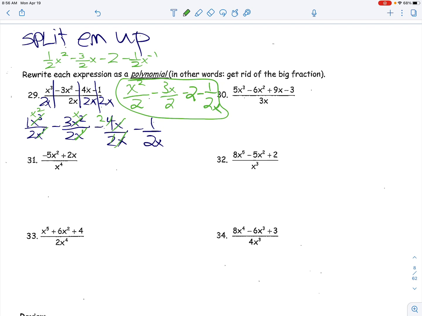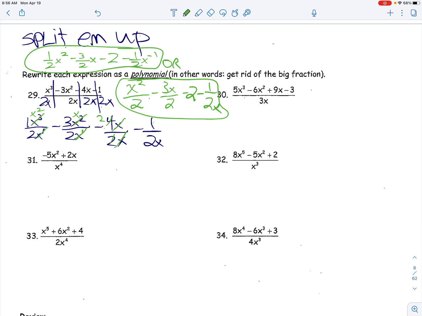That's what I mean. It makes it visually a little more appealing. You don't have to do that, but you can. If you want to put the x to the negative first next to the 1 up there, you can do that as well.